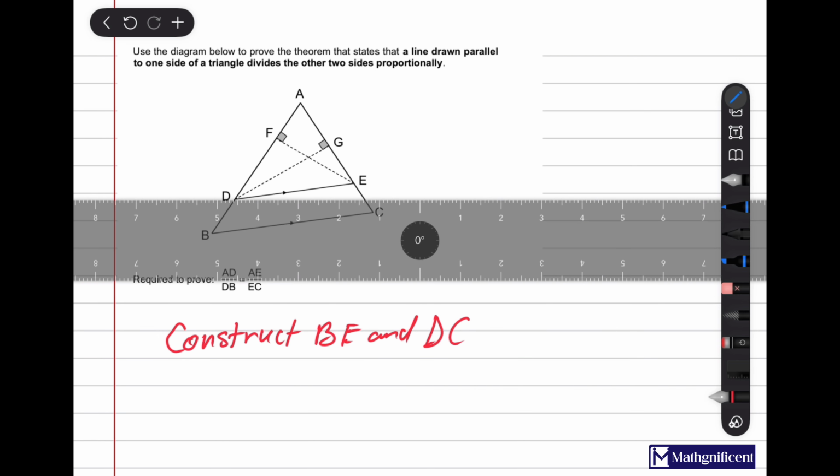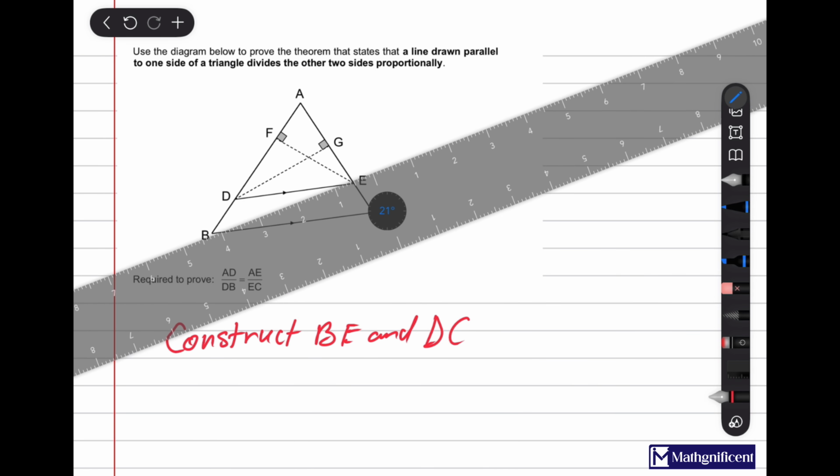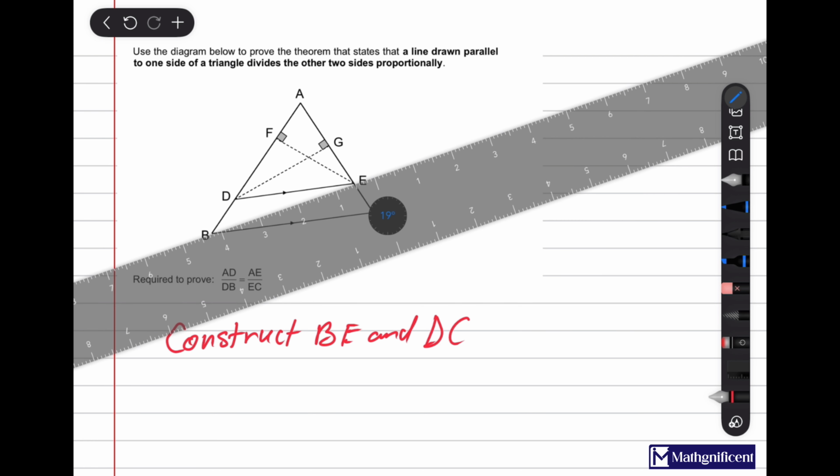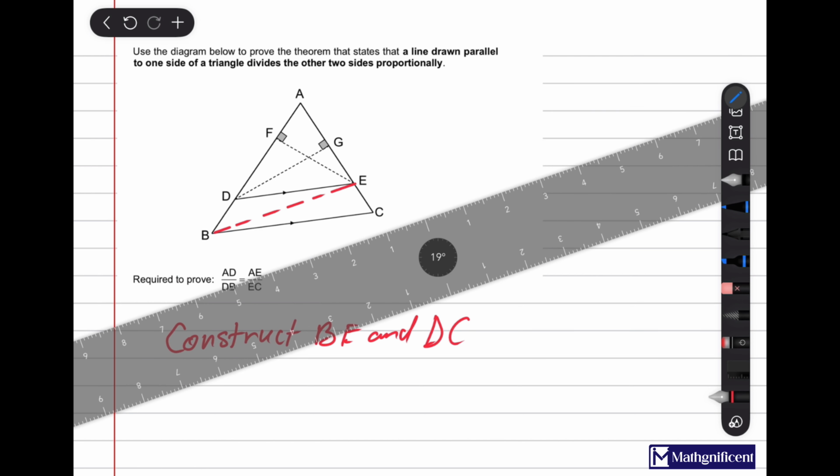By doing so, when you construct BE, we are now going to have a triangle. What triangle? BDE. So can you see triangle BDE here? That's the triangle that we are going to have by making that construction.